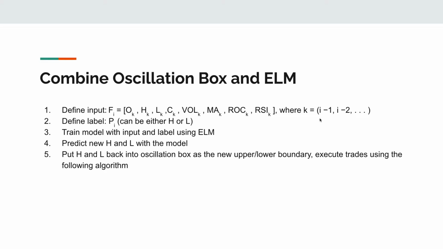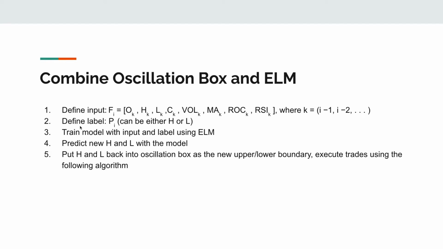That's why you can see the k here is actually less than i. It's i minus 1, i minus 2, and all the historical data. And F is about open, high, low, close, volume, moving average, price rate of change, relative strength index. So these are the inputs we care about.